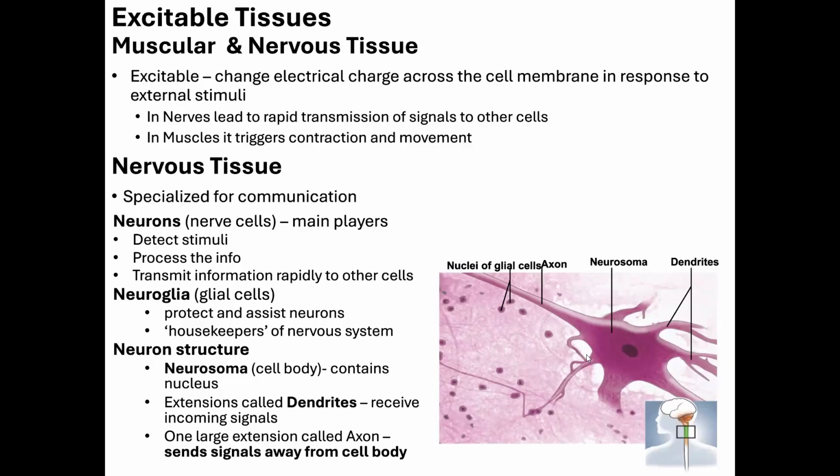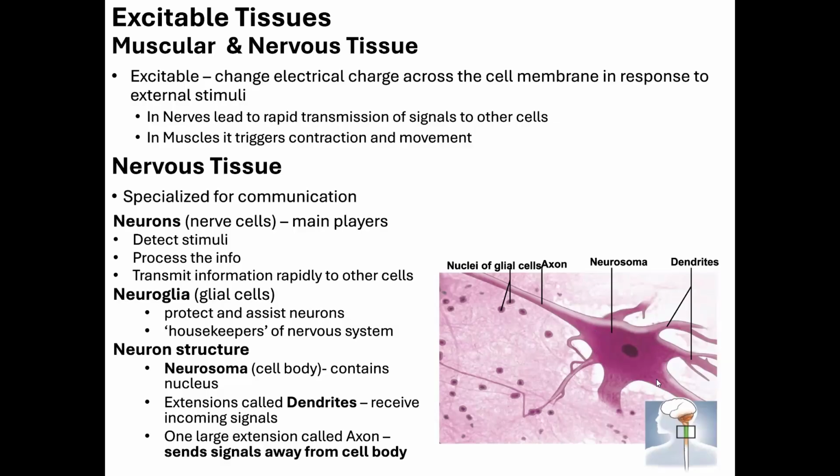Structure of a neuron: it contains a nucleus. And this part of the neuron, the main part or the cell body, is called a neurosoma. It contains a nucleus and it contains some processes. You can see these processes.